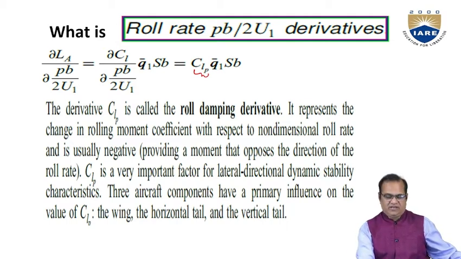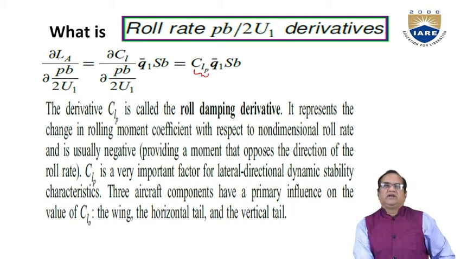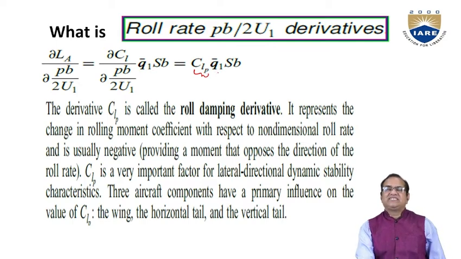So here delta LA by delta PB by 2U1 is equal to delta CL by delta PB by 2U1, and L we have written as CL Q1 SB. So this delta CL by PB by 2U1 is called CLP, and Q1 is the steady state dynamic pressure.